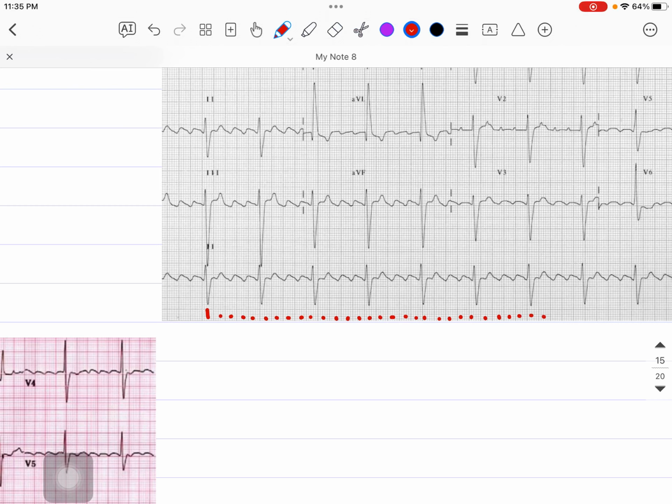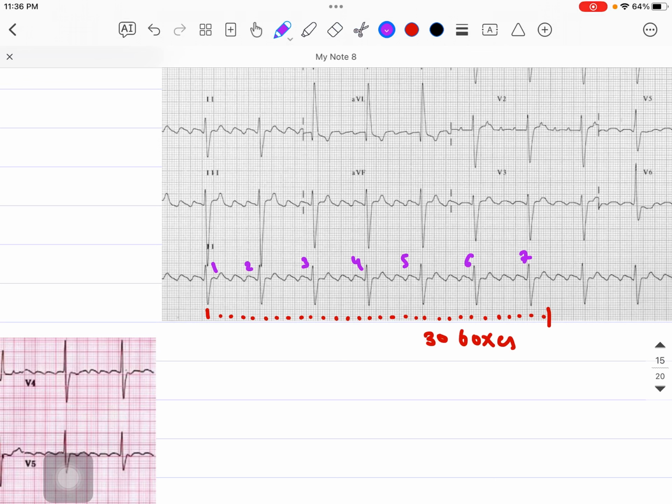So from here till here we have 30 bigger boxes. Now from first to 30, how many QRS complexes did we see? Very simple: 1 2 3 4 5 6 7. We saw 7 QRS complexes, or 7 R waves.